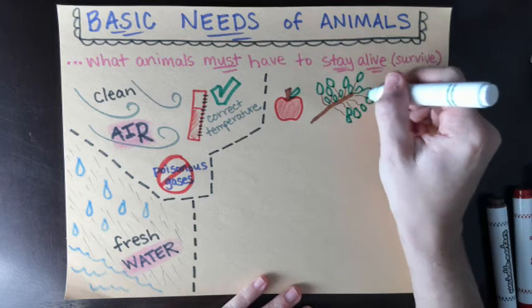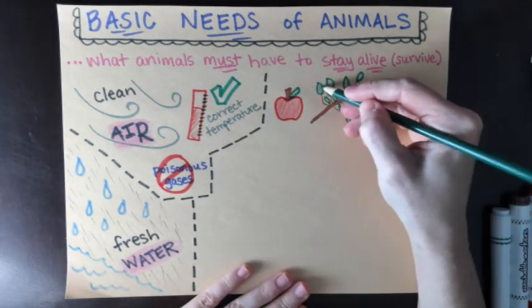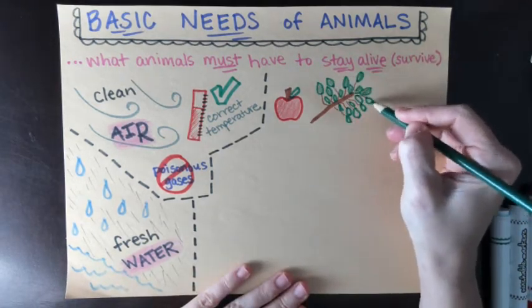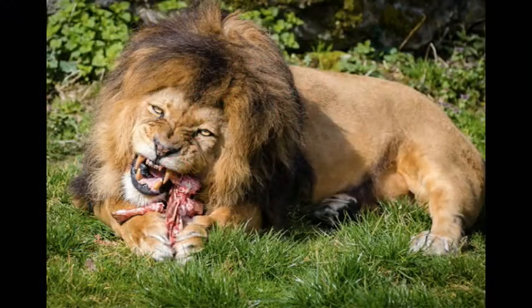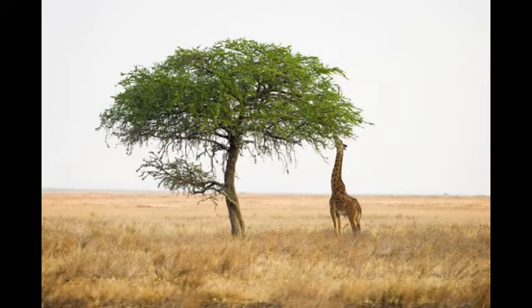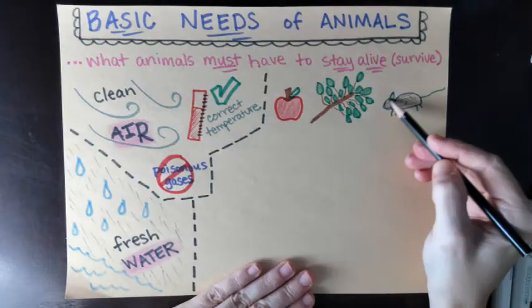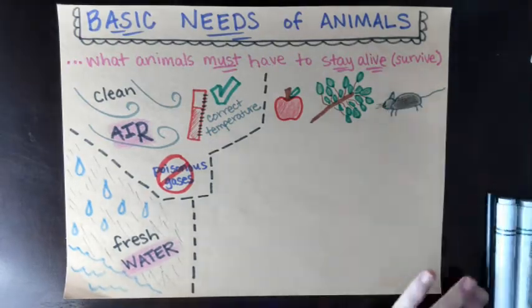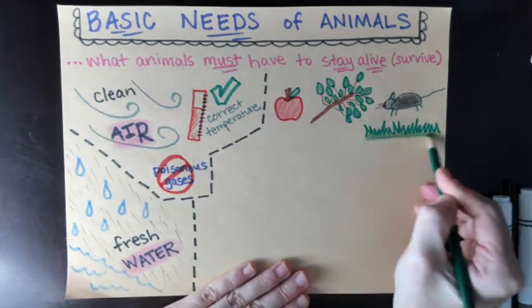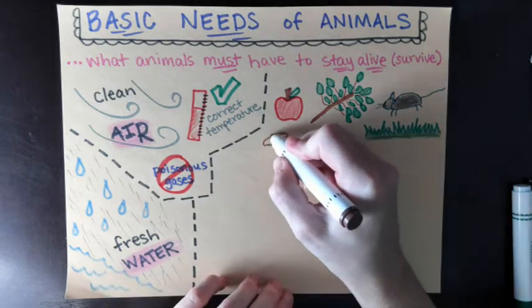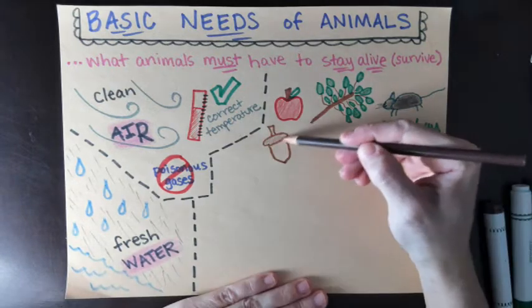A third basic need of animals is food. Plants get their nutrients from the soil, but we as animals, we get our nutrients from food. Now, different animals have different eating styles. Some eat meat, some eat plants, and some eat meat and plants.